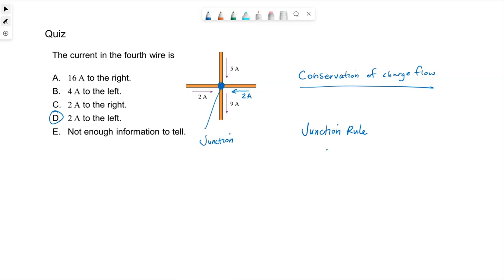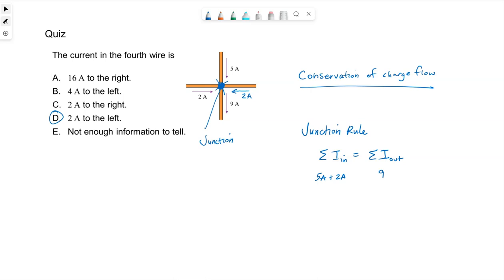We can say the summation of the currents flowing into a junction will add up and equal the summation of the currents flowing out. So before we have the answer, the arrows in the picture, I have 5 amps and 2 amps flowing in towards that junction. That's what we mean by in, just flowing towards this location.